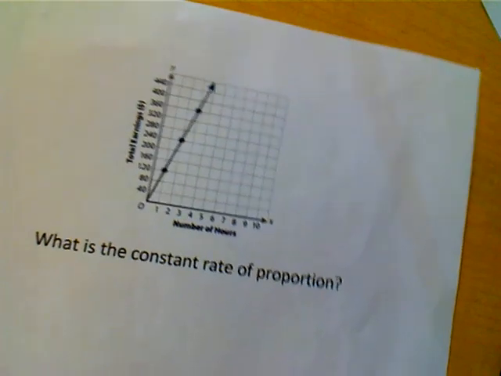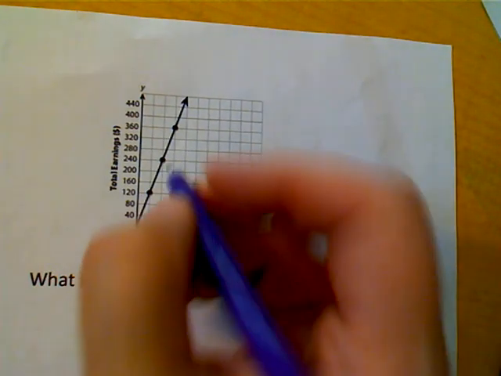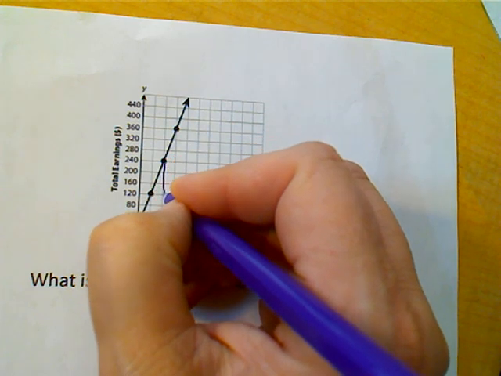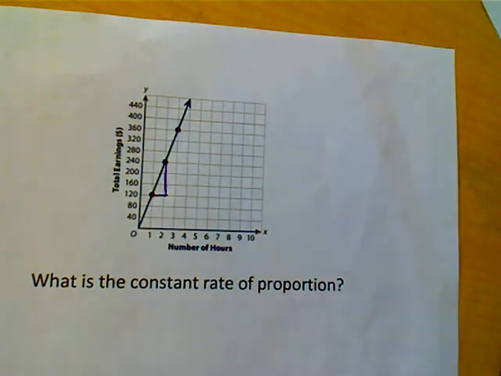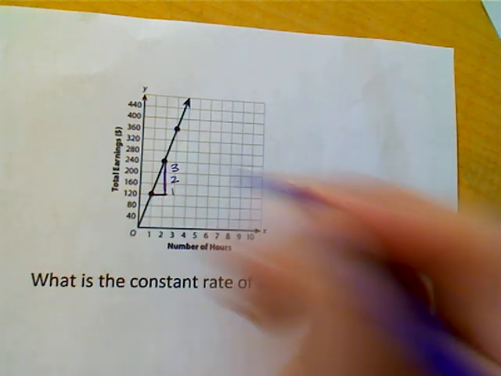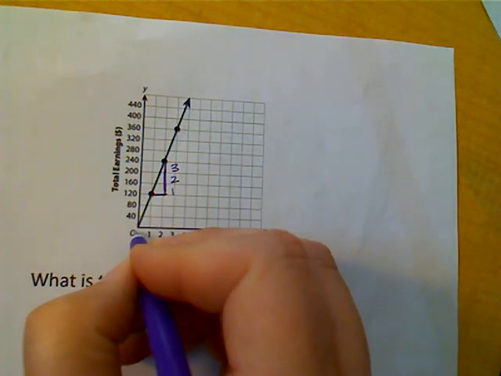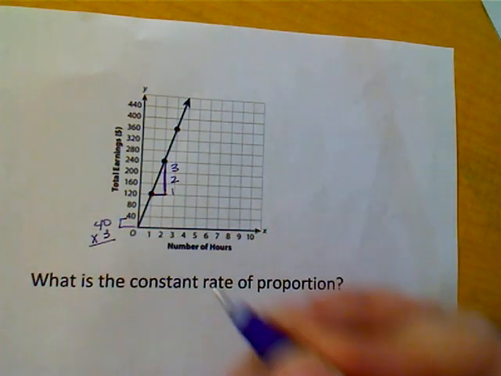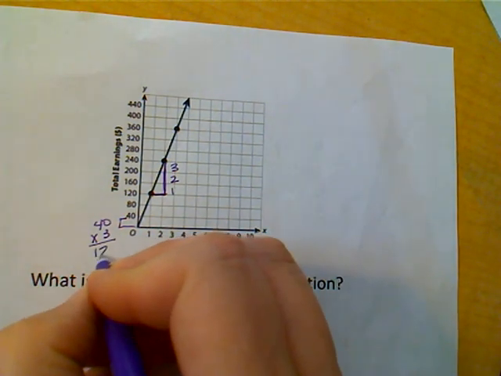Okay, let's look at the graph. All I want to know is the constant rate. So here's the easy part. I went up 1, 2, 3 blocks. Each one of these lines right here is 40. So 40 times 3 is what? 120.